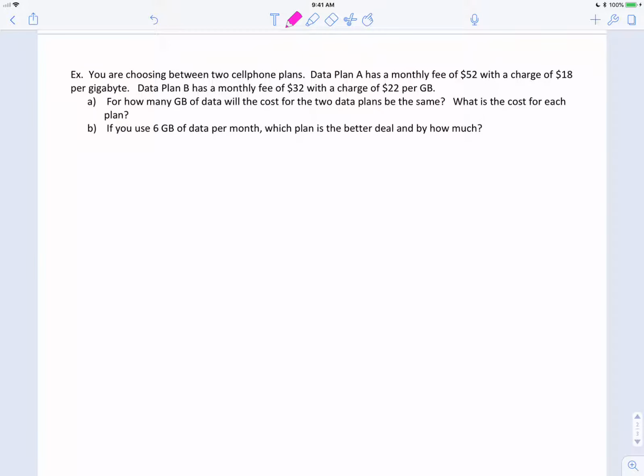Okay, last example. You're choosing between two cell phone plans. So we've got plan A that has a monthly fee of $52 and a charge of $18 per gigabyte. Okay, so plan A is $52 plus $18 per gigabyte.